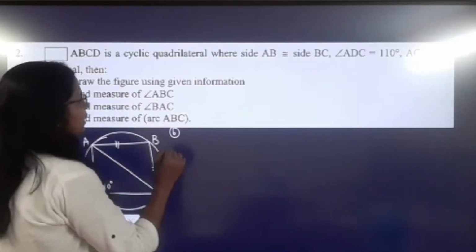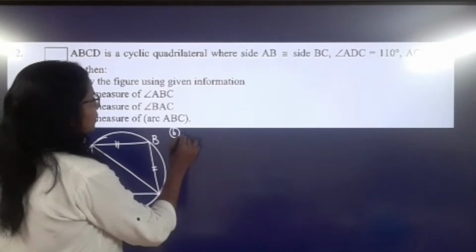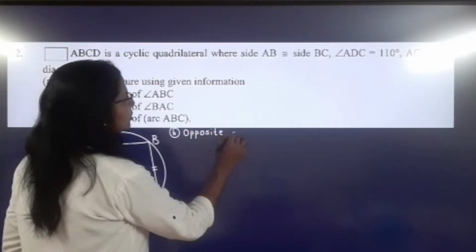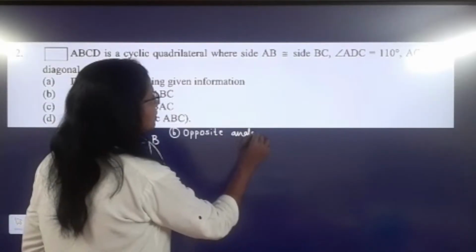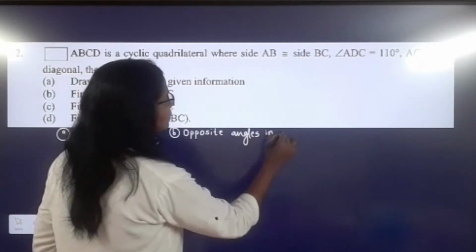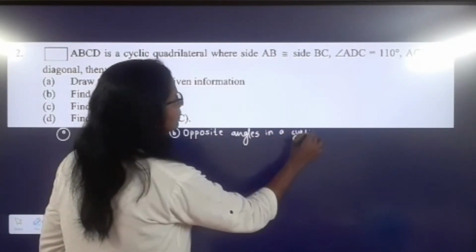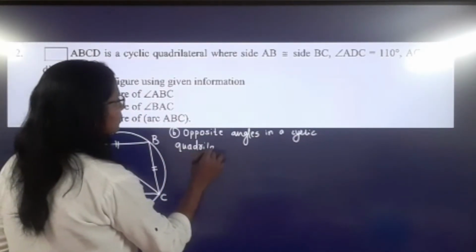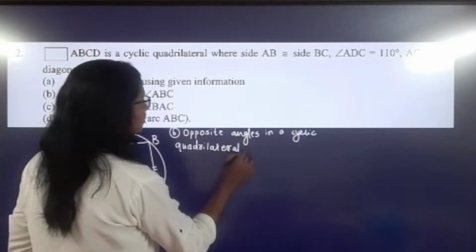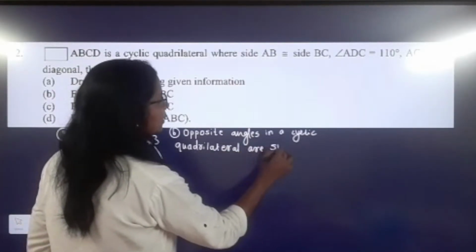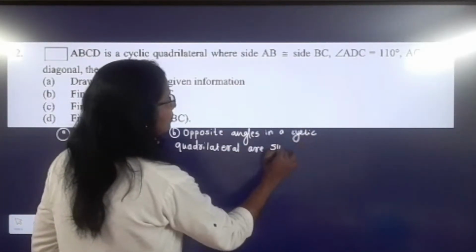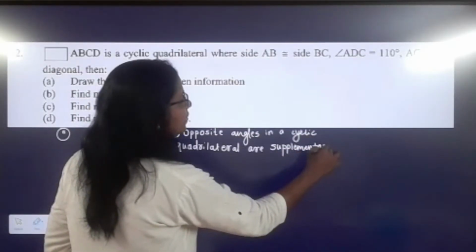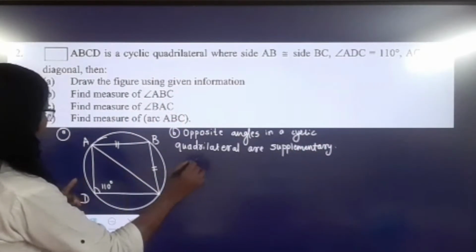So here we say that opposite angles in a cyclic quadrilateral are supplementary. So now here supplementary means, students, their addition is 180 degrees.